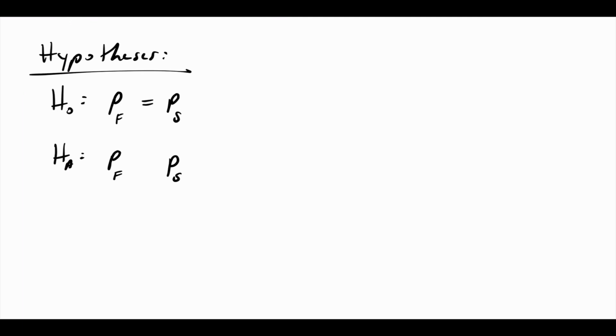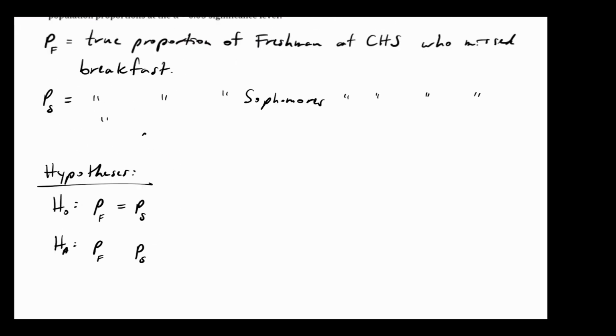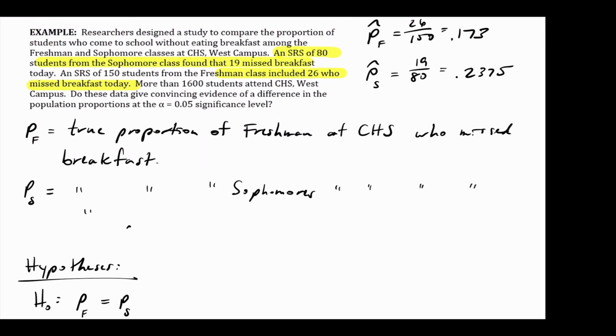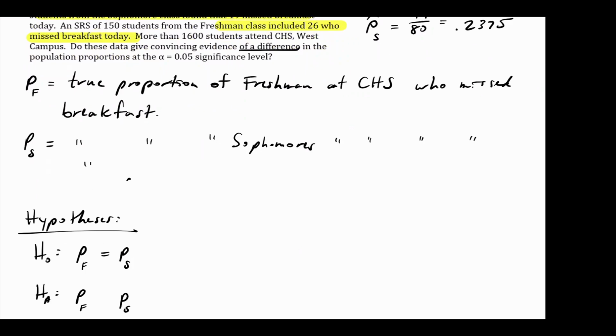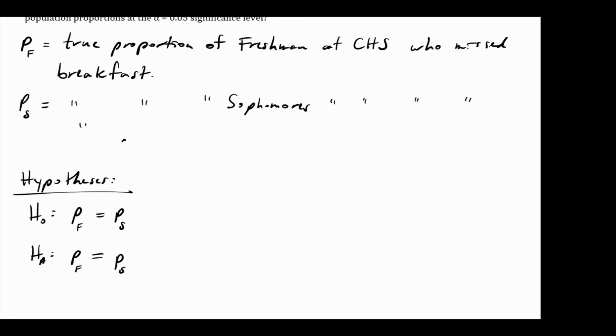For the alternative, I have three options: greater than, less than, not equal to. Reading the question, which one am I going to choose? Not equal to, because it just says evidence of a difference. It doesn't say one's bigger than the other. So we're going to choose not equal to.